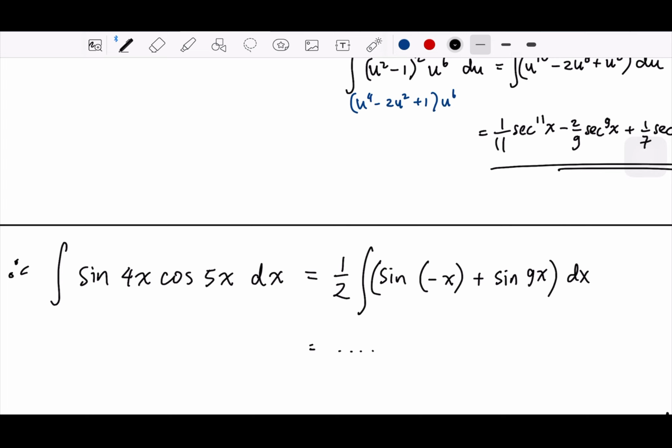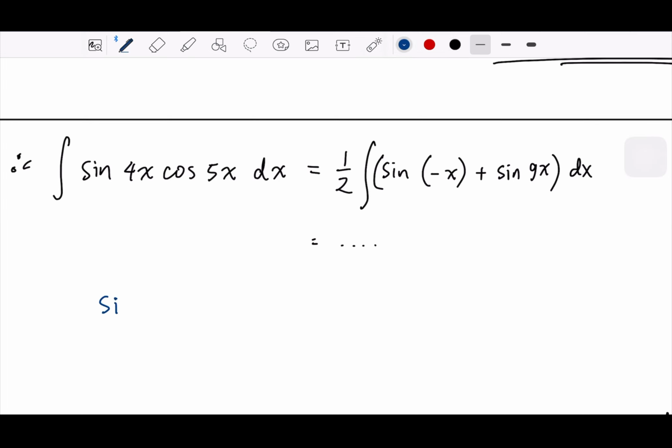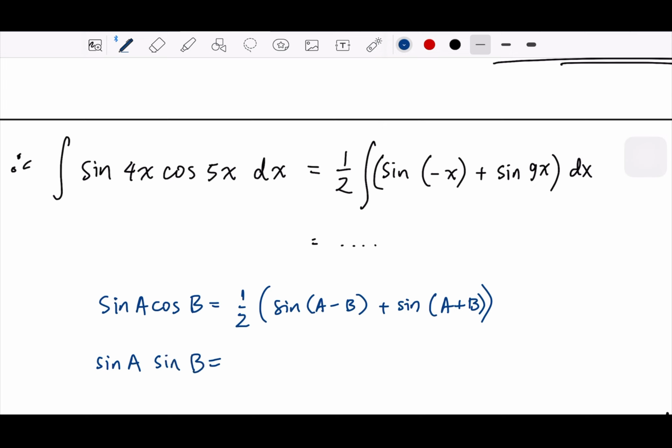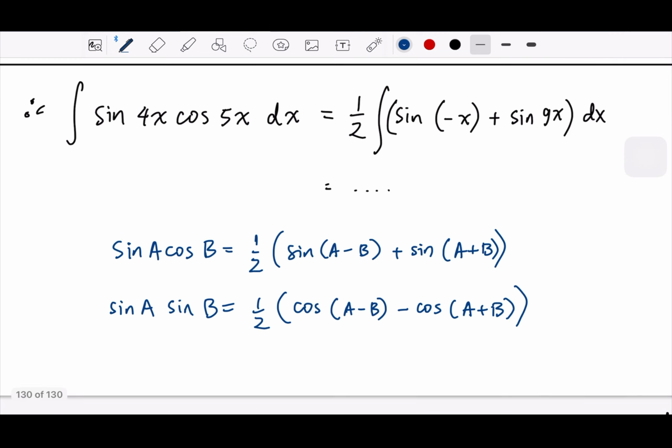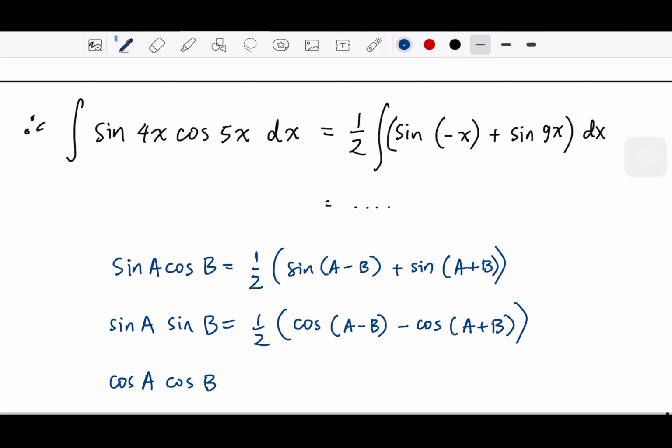Hopefully you still remember the identity. Okay, that will be the last part.